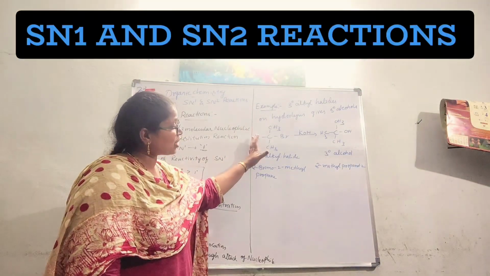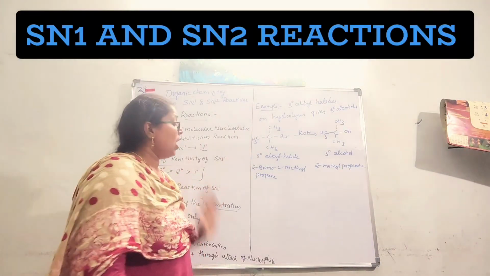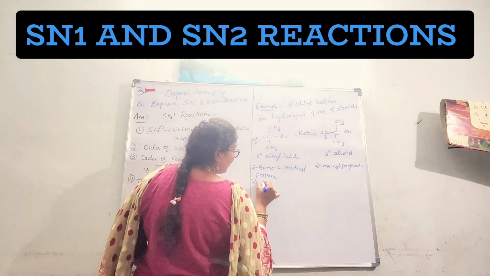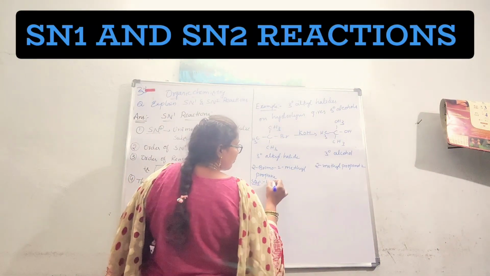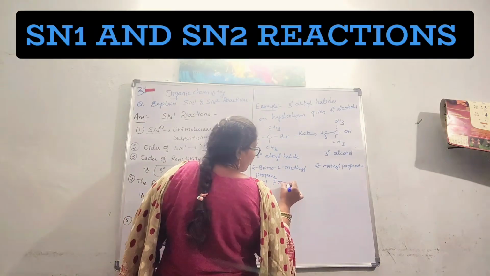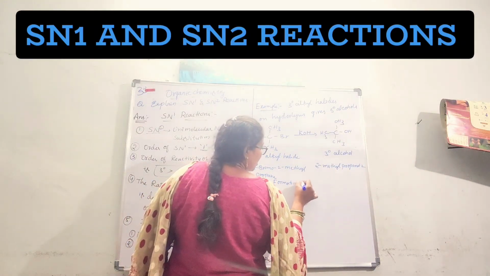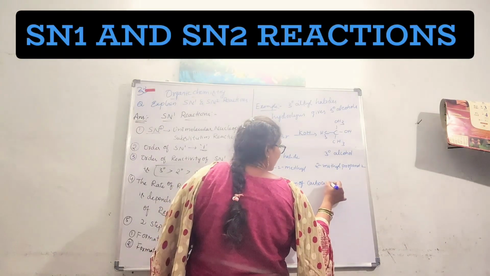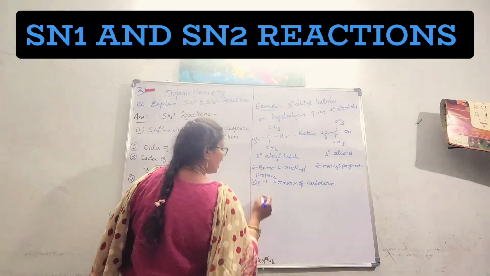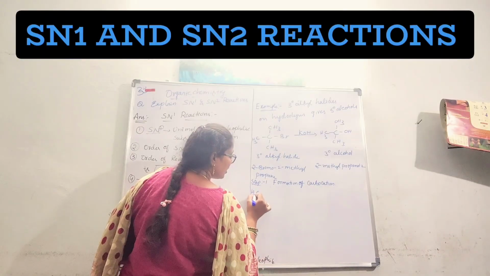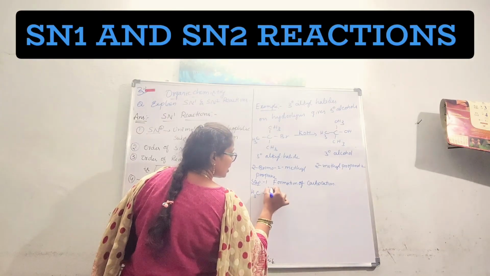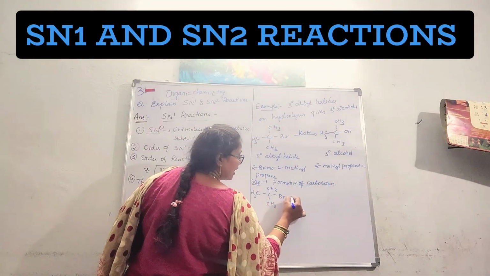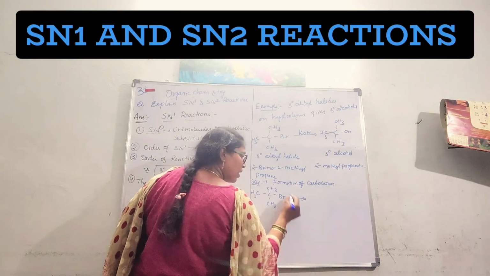So how does this reaction take place in 2 steps? Let us see. Step one is the formation of carbocation. Here the tertiary alkyl halide (CH3)3C-Br undergoes the first step, which is the slowest step.